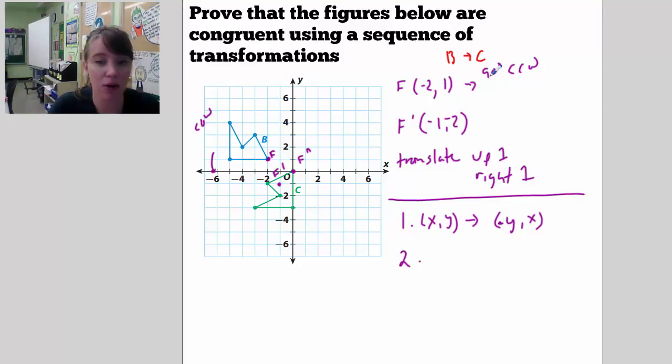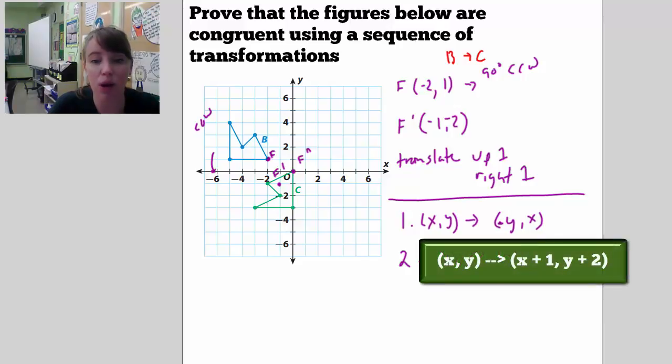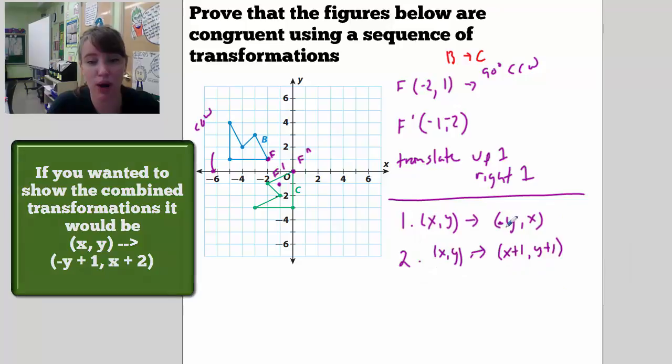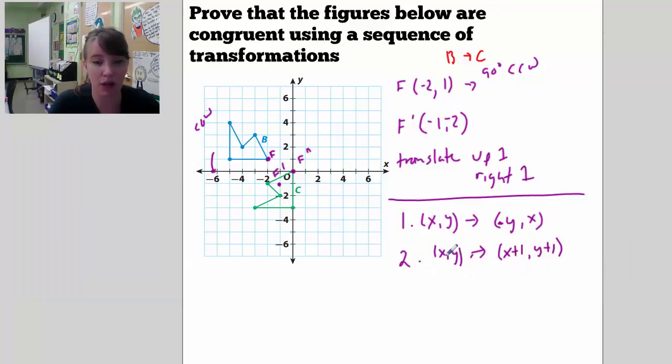And that's a counterclockwise rotation of 90 degrees. And then translation of up 1, right 1 takes an xy coordinate and it brings it to x plus 1 and y plus 1. Right? I'm adding 1 to each of them. And then likewise, you can just write this out verbally. I'm just writing out the algebraic description. You can write it out using words if you need to.